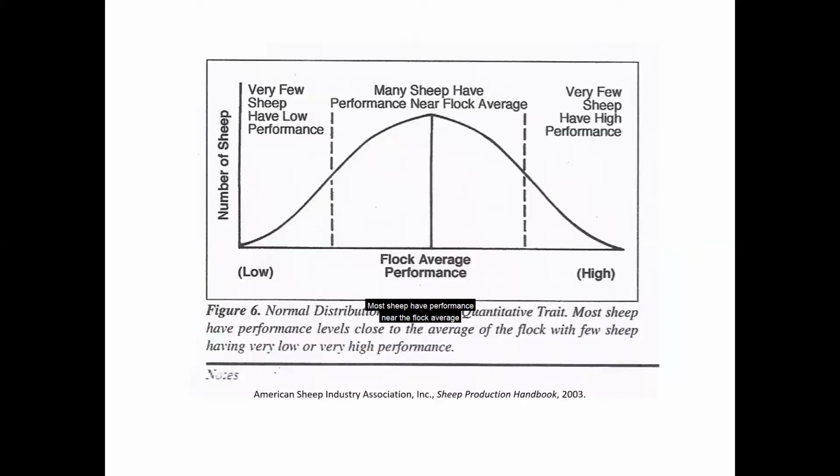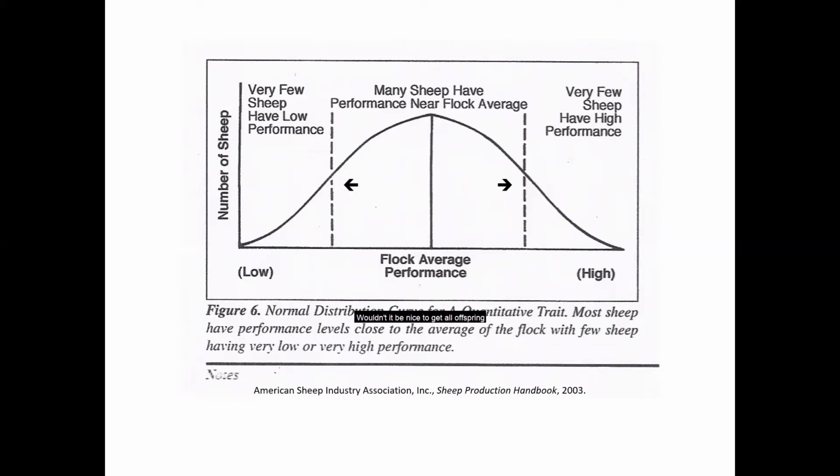And the bottom line here is if you can measure the trait, you can change it. So the performance for most traits is a bell-shaped curve if the flock size is big enough. Most sheep have performance near the flock average within these two dotted lines toward the center. And you've got a pretty good chance of getting the majority of your offspring close to average. They'll be on either side of average.